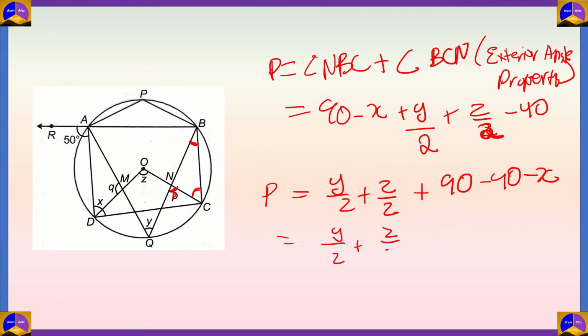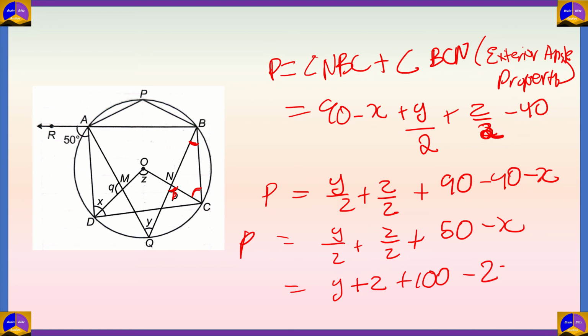Y by 2 plus Z by 2, 90 minus 40 is 50, minus X is equal to p. Now 50 can be written as 100 divided by 2, and minus X can be written as minus 2X by 2. So Y plus Z plus 100 minus 2X, the whole divided by 2, is equal to p. So that means 2p is equal to Y plus Z plus 100 minus 2X.